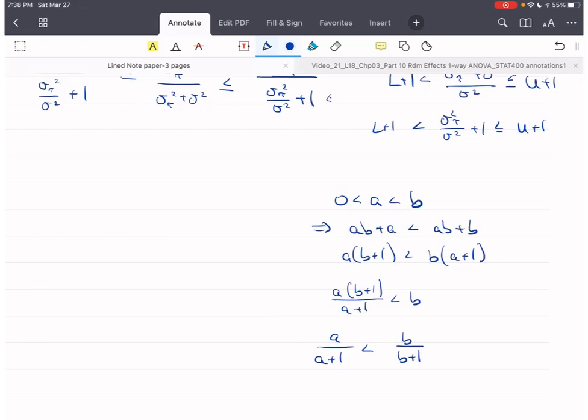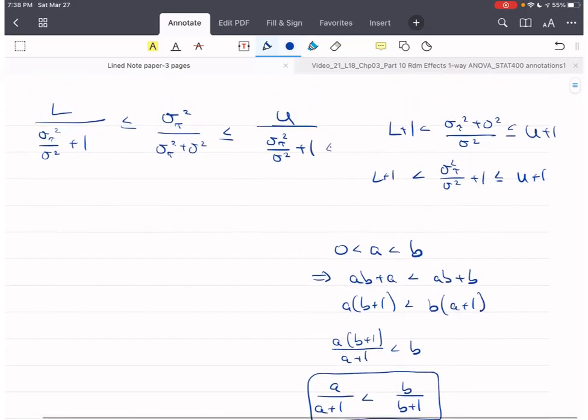So since these are all positive, I can use this relationship, and I'm going to take the ratio. So I have L over sigma tau squared over sigma tau squared plus sigma squared, and I can simply replace L with what's less than that quantity, which is L plus 1.